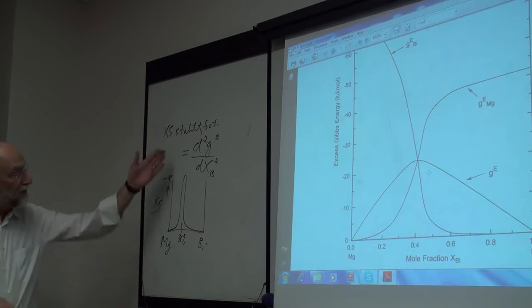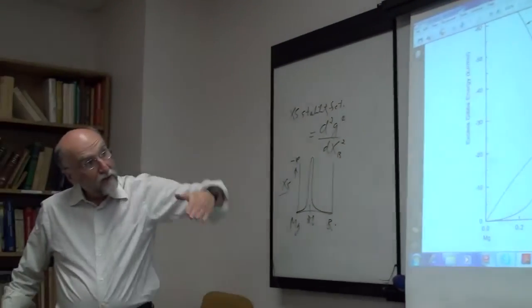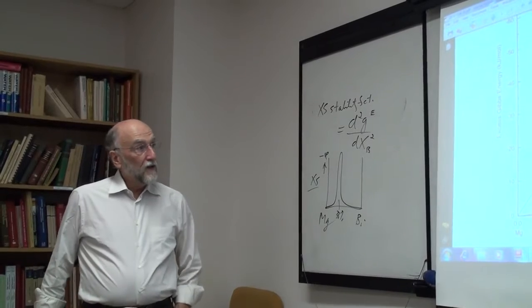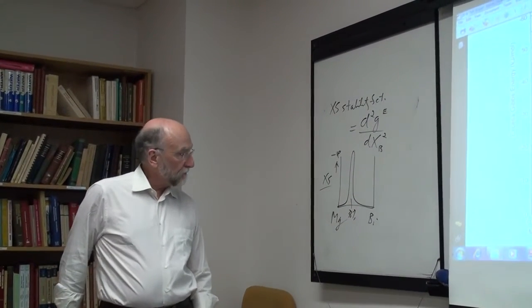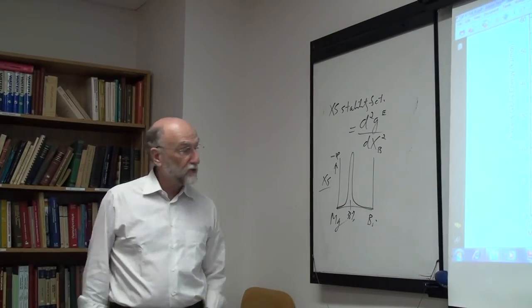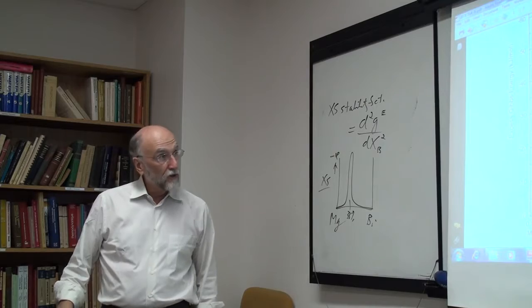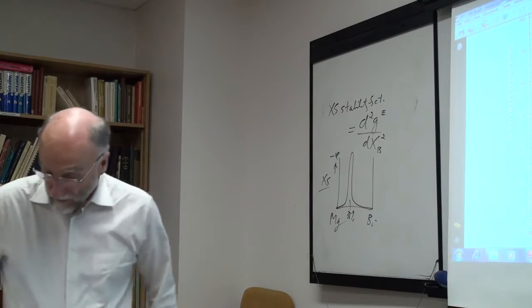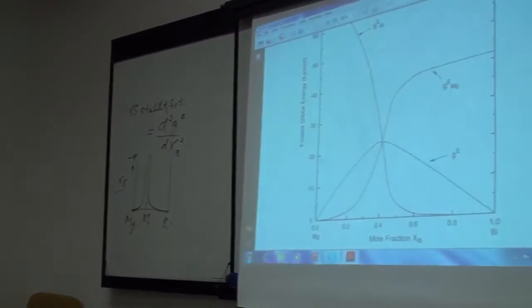So the peak in the excess stability function magnifies this rapid change of slope, and that indicates a composition of excess stability, or some sort of short-range ordering around that point. You'll see this used often in the literature, the excess stability function.